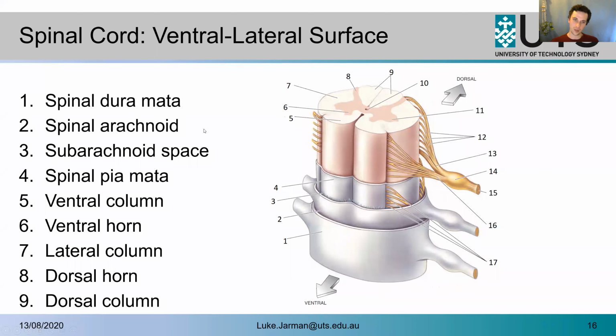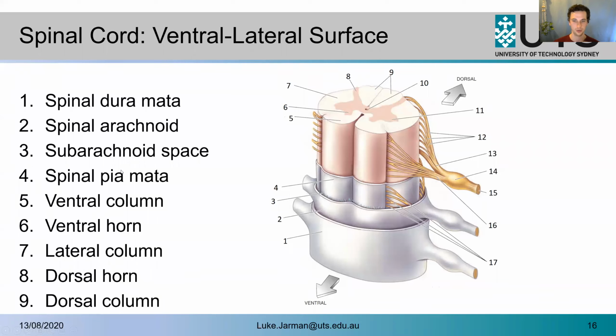These first 4 are probably the most important ones that I want you to take away from today. You have your dura mater, your arachnoid, and then your pia mater. In between your arachnoid and your pia mater is a space called the subarachnoid space. The subarachnoid space isn't actually a thing, it's more just an area. Your actual 3 layers are your dura mater, your arachnoid, and your pia mater.